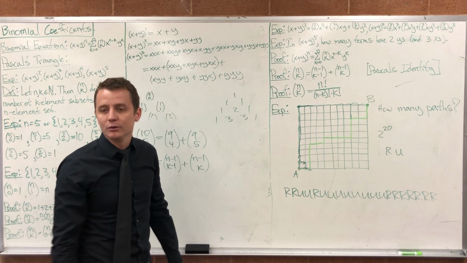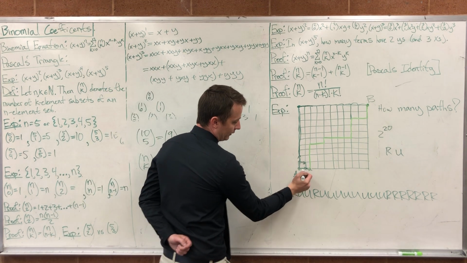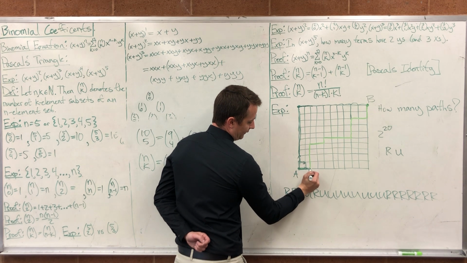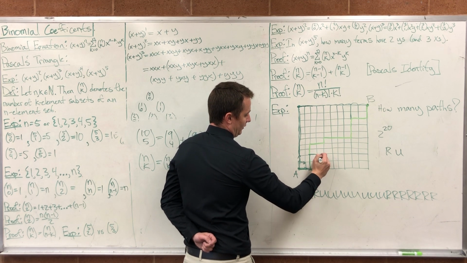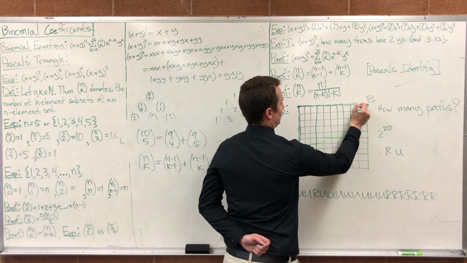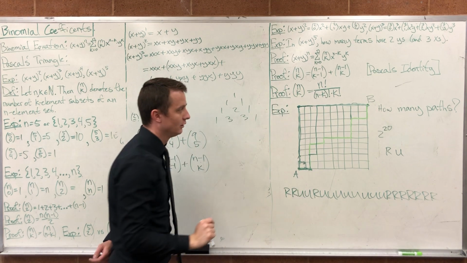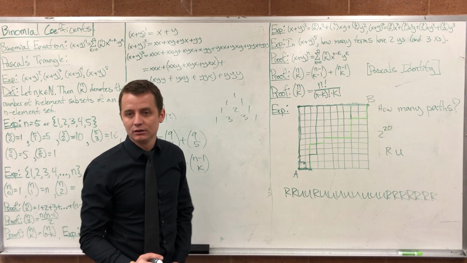So here's one possible path I could have taken. Marking out this path, I could have gone right, right, up, up, right, and then up to the top, and then right. That's what this path says. You with me?